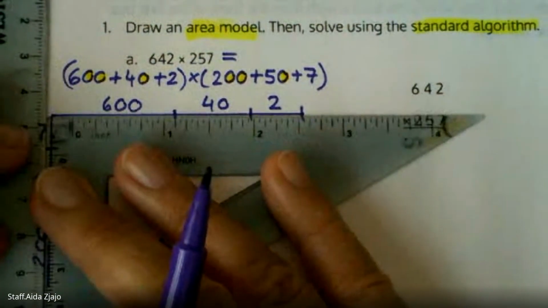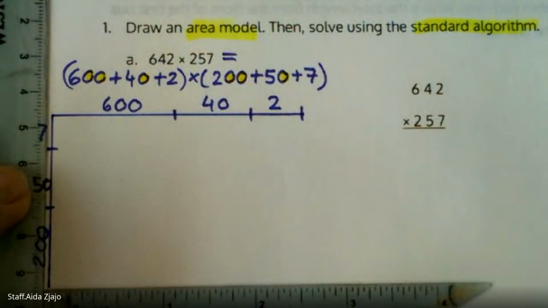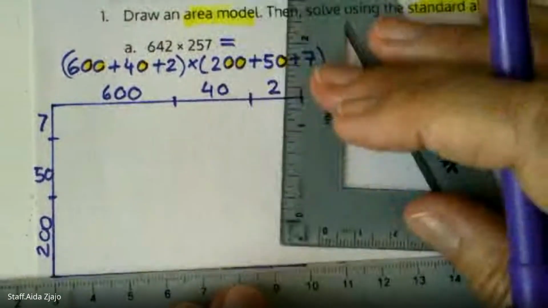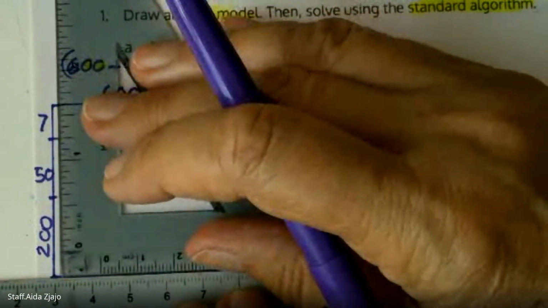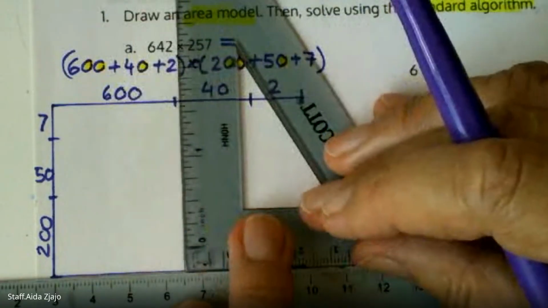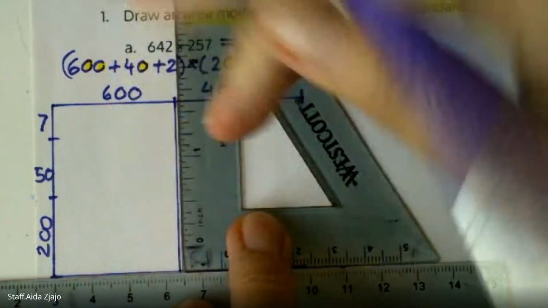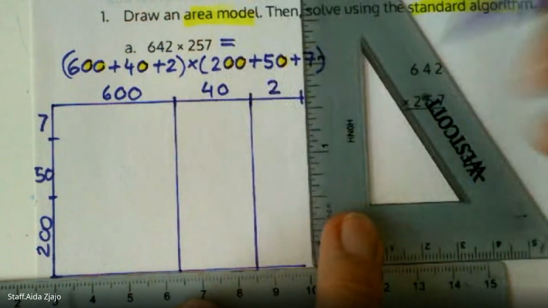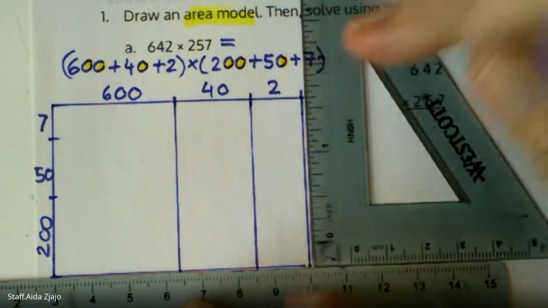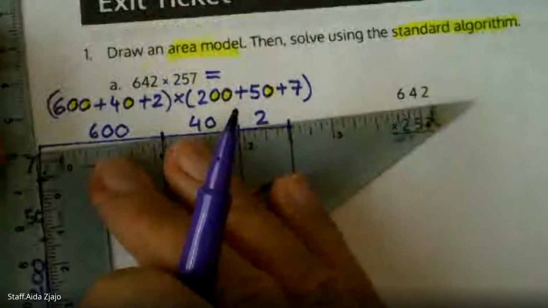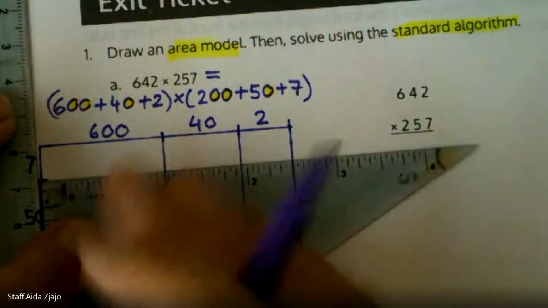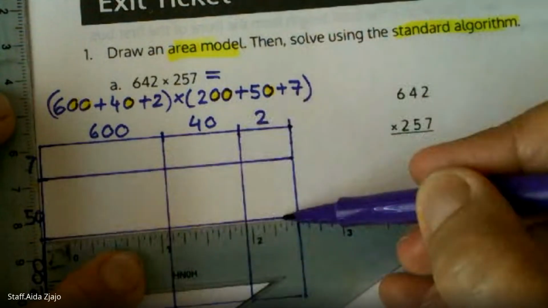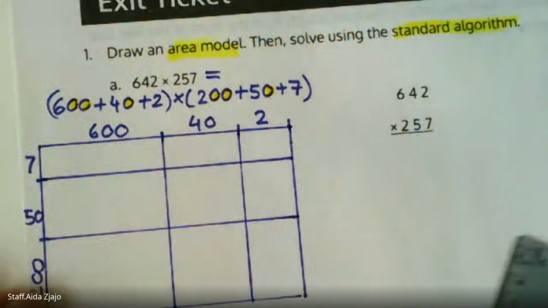Sorry, it's too little paper to use all these. So Mrs. Z needs to make adjustments sometimes. All right, so I'm separating 640 and 2, and I'm going to separate that 7 ones and 50, 5 tens, and then 200.